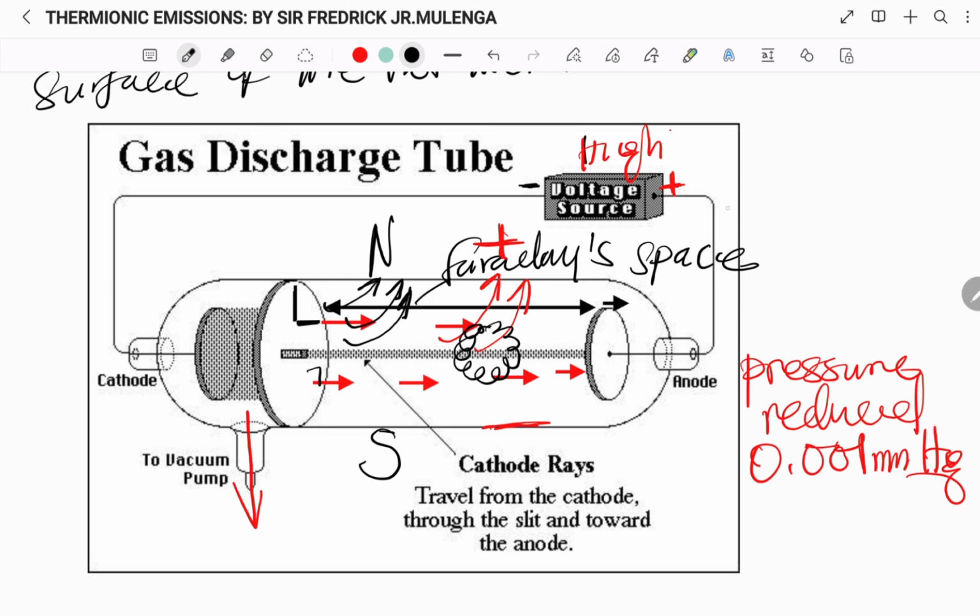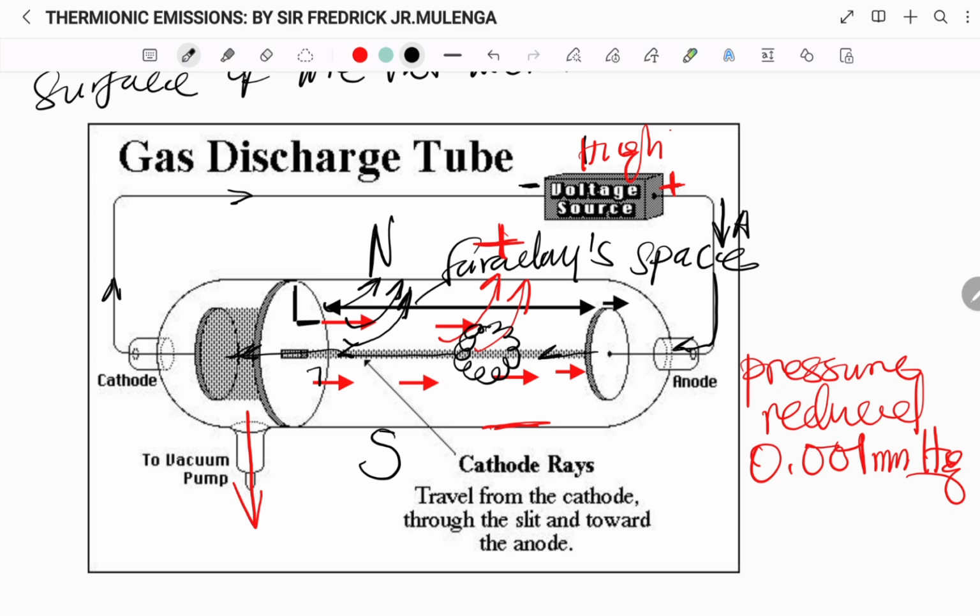So this means that the current is flowing in this direction, going in this direction until it returns to what? Until it returns to the negative terminal.